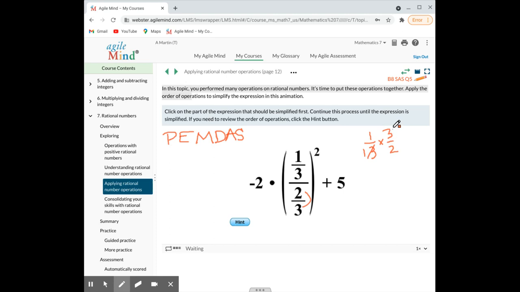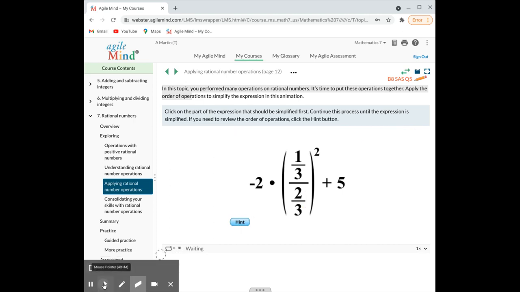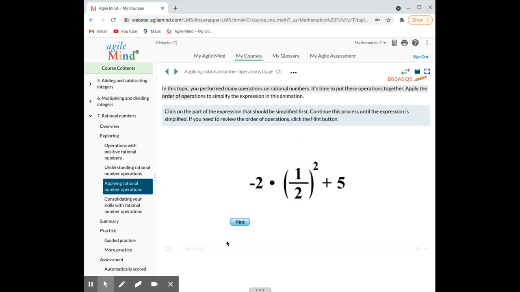Cancel each other out. Correct. And 1 times 1 is 1, and 1 times 2 is 2, and that's what we just got. Okay? So we're going to go to our next step.